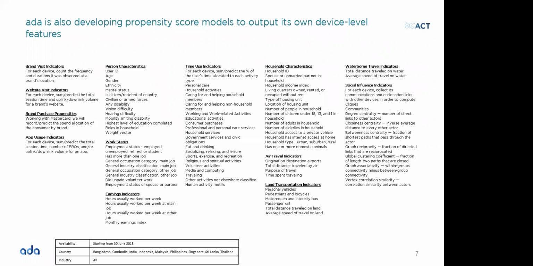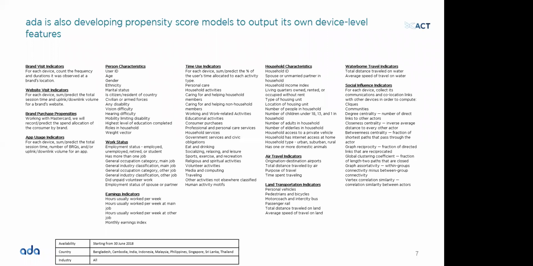indicators that we're trying to compute. Underlying each and every one of these indicators is actually a model. So these indicators are not outputted by one model, but each of these indicators is outputted by one model. So there is a model that predicts the marital status of a person. There is a model that predicts how many jobs that person holds, if the person holds more than one job.